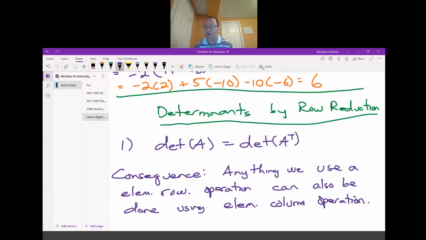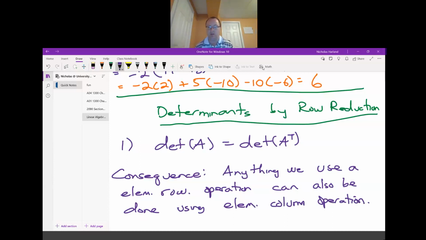So if you decide you want to, instead of switching 2 rows, you think it might be advantageous to switch 2 columns, well, that you can do in the same way you can do with row operations. Or if you want to multiply a row by something, and if you know what that does to the determinant, doing the same thing to a column would be the exact same thing.